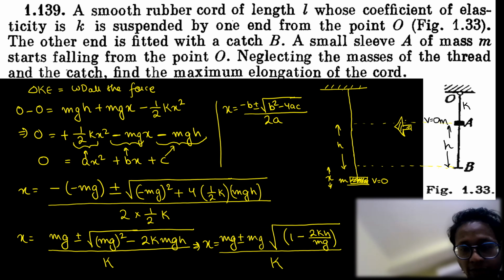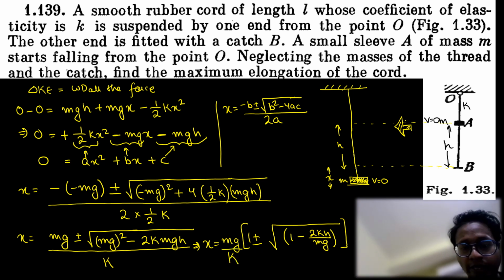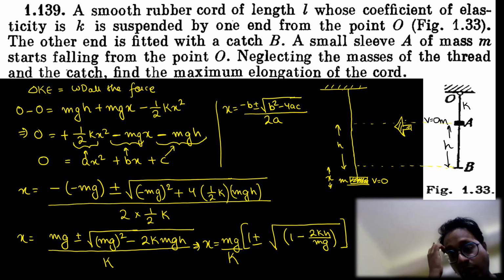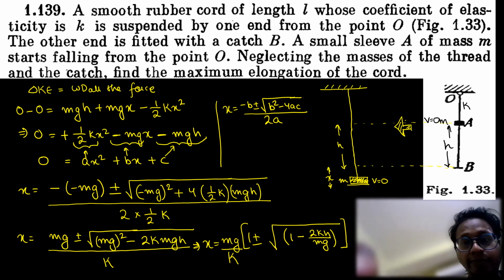If I take mg out of the square root, it would become somewhat like this. Now can I take mg common from the first and second parameters? Now what I'm simply doing is taking k out here. So our net elongation of the spring is mg by k, 1 plus minus under root of 1 by 1 minus 2kh by mg.